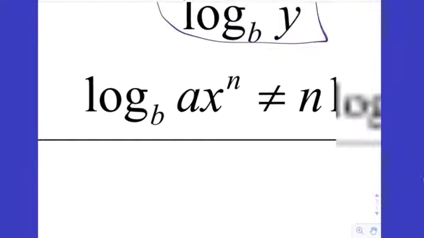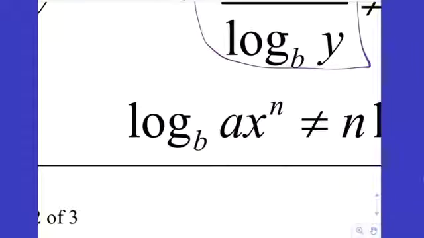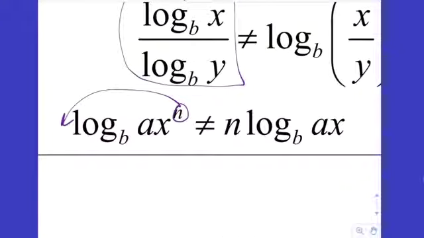And then the fourth one here, I gave you an extra example showing you this yesterday. This is another pretty common one. If you have log base b of a times x to the nth power, because that n is part of the argument, there's a tendency to want to bring it out front. But you can't do that because that n is only an exponent on the x, right? It's not an exponent on the quantity ax.